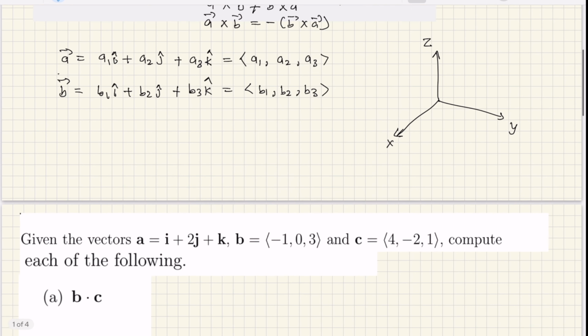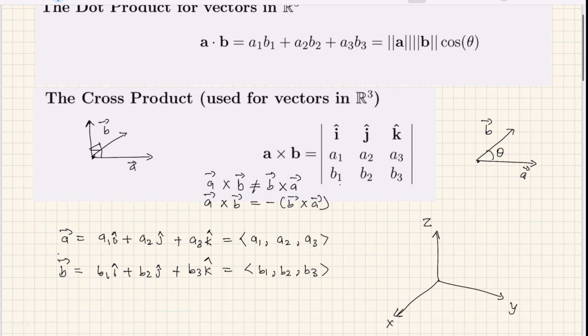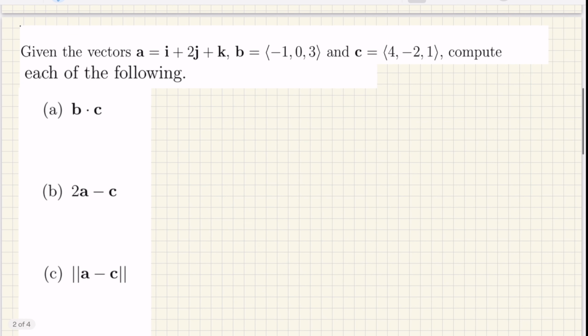Again, remember that if we are given two vectors and we know the components, we can compute the dot product. So we have B to be of components minus 1, 0, and 3, and C to be of components 4, minus 2, and 1.